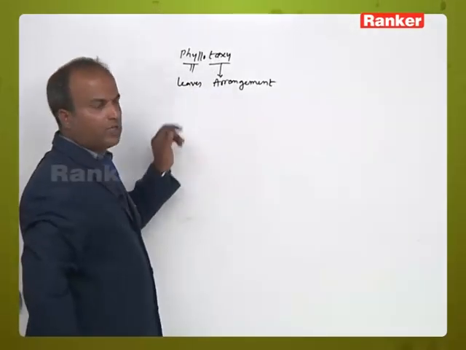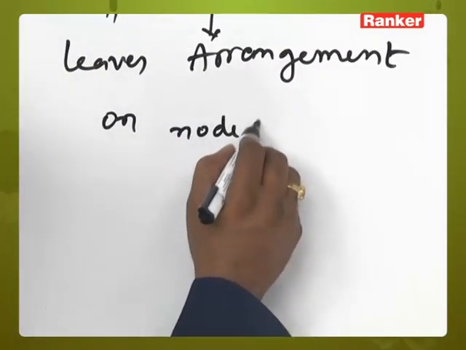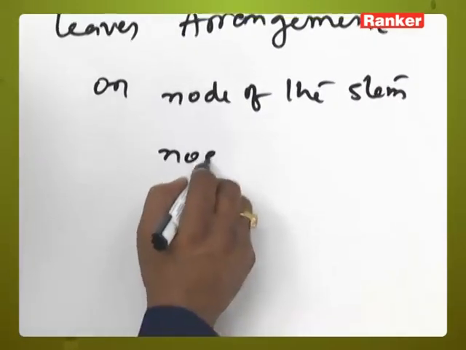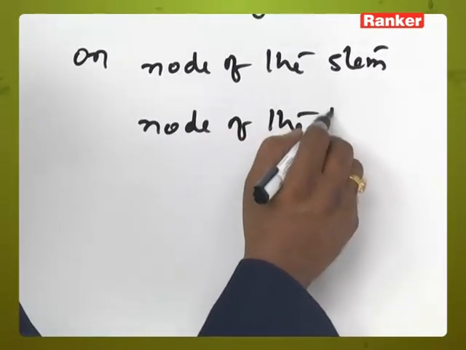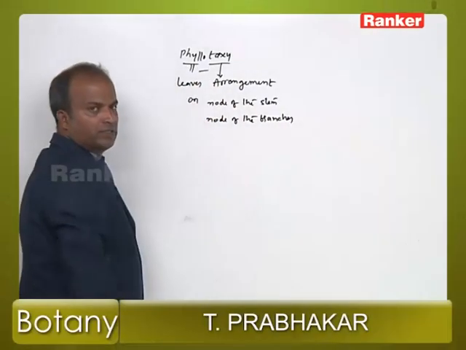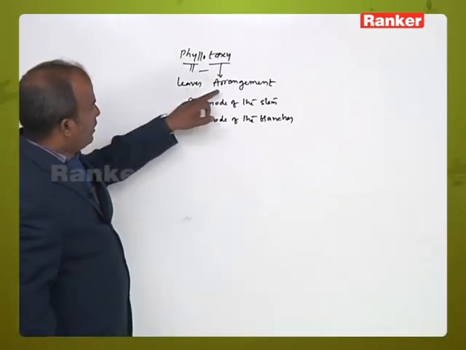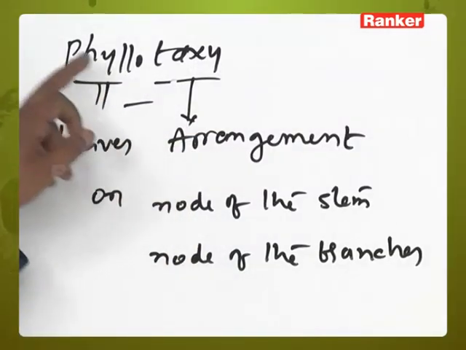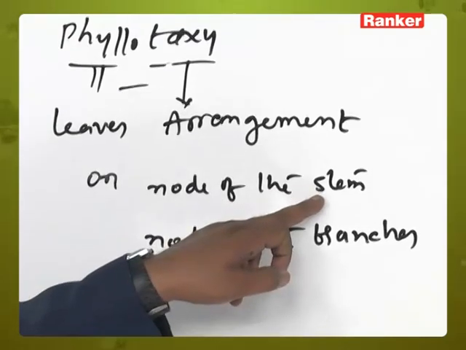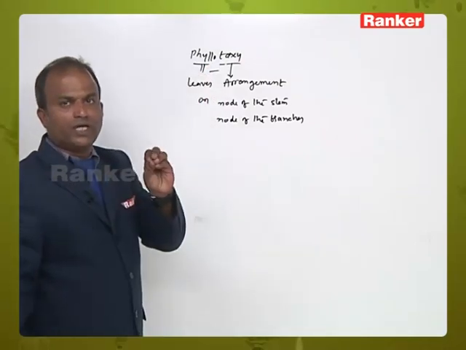Arrangement of leaves on the node of the stem and node of the branches itself is called Phyllotaxy.